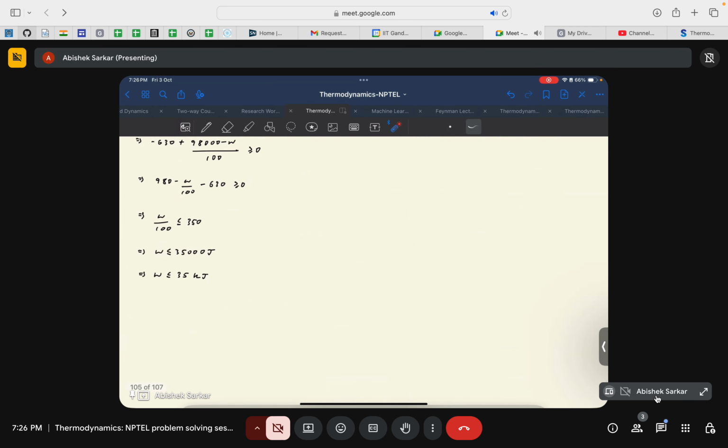Or work done is less than or equal to 35,000 joules, or 35 kilojoules. So keeping in mind the principle of entropy, considering all the processes to be reversible, the maximum possible work that we can obtain from this cycle is 35 kilojoules.